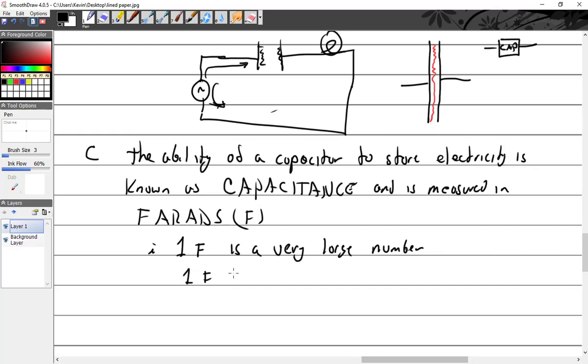One farad, 1 F, can store 1 coulomb. What was coulomb? 6.28 times 10 to the 18th. Yeah, I was right, 18th of electrons, at 1 volt.